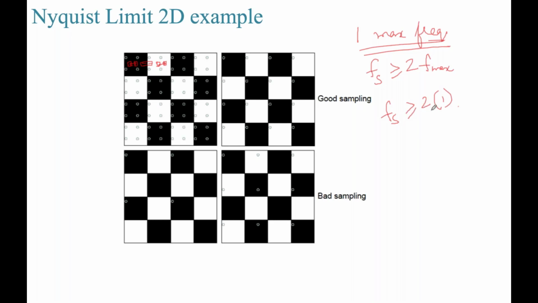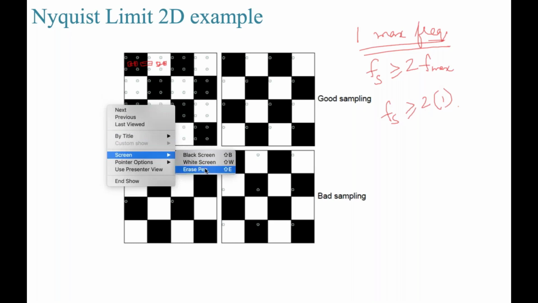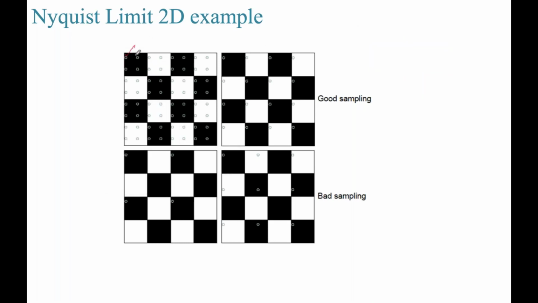So it should be greater than or equal to 2. Let's see whether the first image is a good sample or not. If I pick 4 pixels from here and 4 pixels from here, is it a good sampling? Yes, because you have 1, 2, 3, 4, 5, 6, 7, 8. If you have these 8, you can track the movement from black to white. So this is a good sampling.